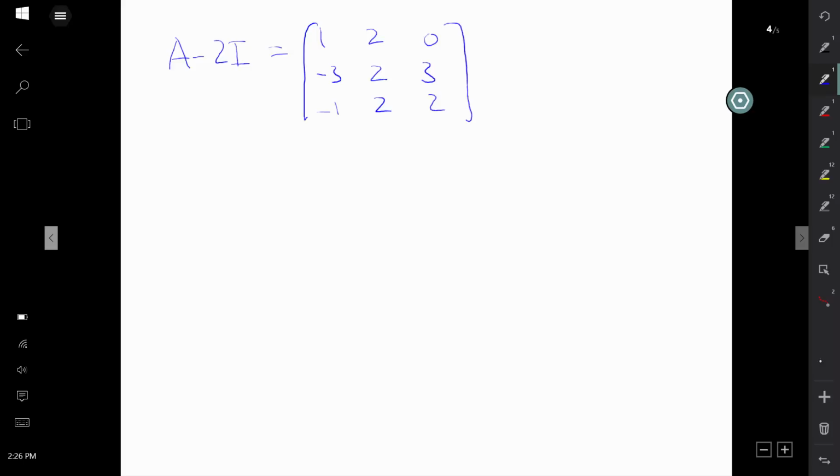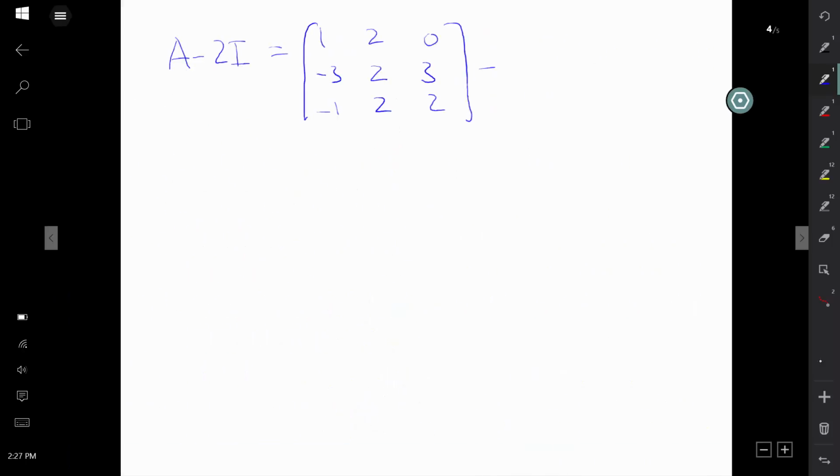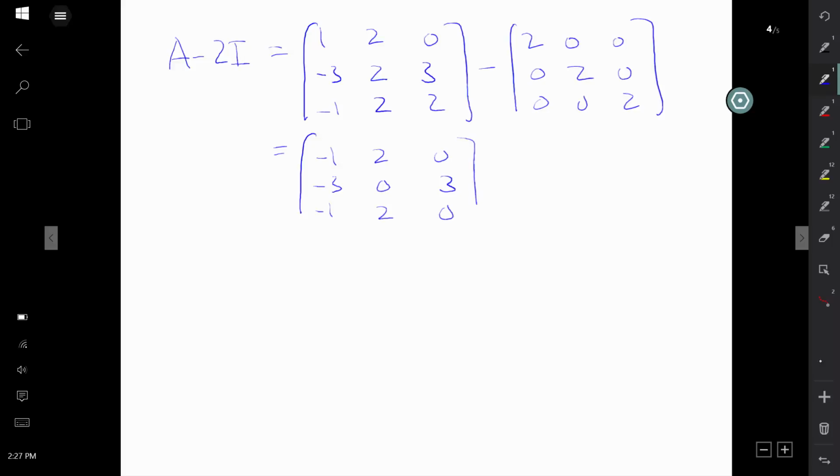Make sure I remember that right. Yeah. And I'm subtracting off 2, 0, 0, 0, 2, 0, 0, 0, 2. Okay. So I get minus 1, 2, 0, minus 3, 0, 3, minus 1, 2, 0.